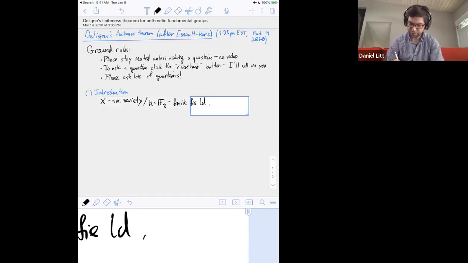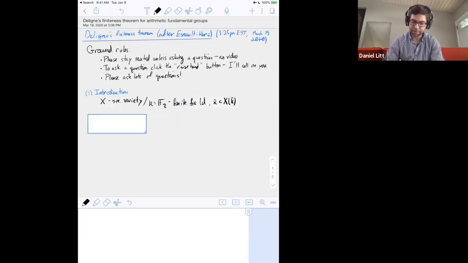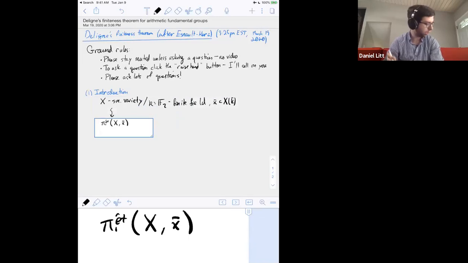And suppose, moreover, we're given a geometric point in X, so that means a K bar valued point for now. Then to this data, one can associate a fundamental group. So that's called the étale fundamental group of X based at the geometric point X bar.